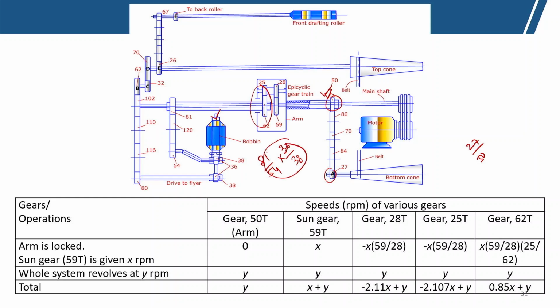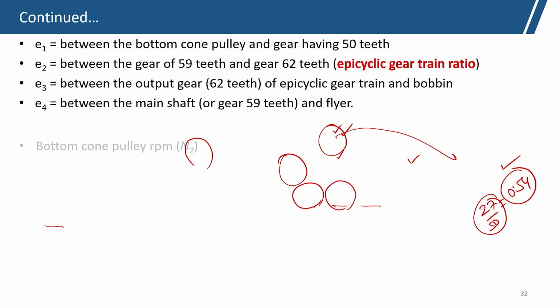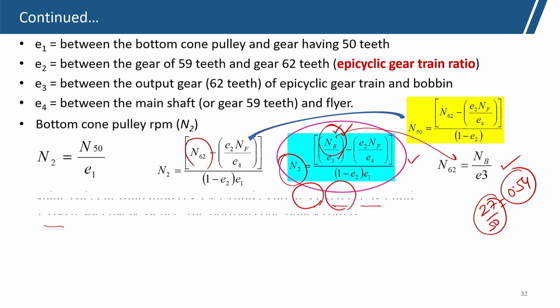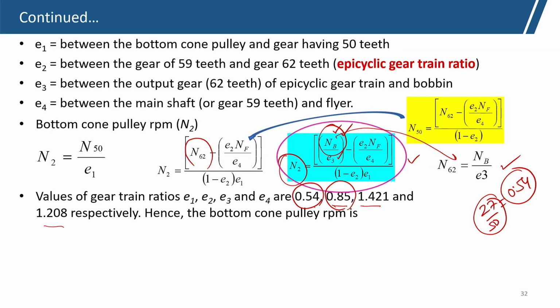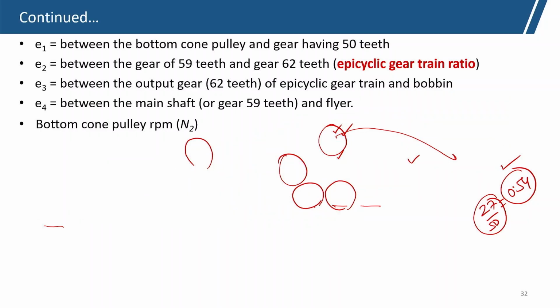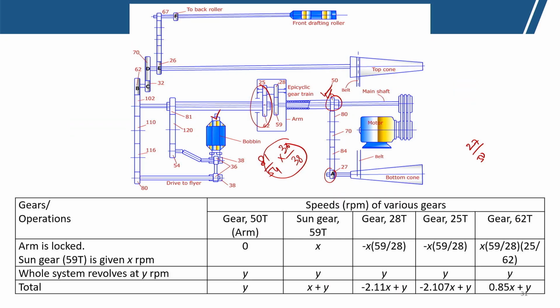So, in this way we can calculate that value, it is 1.412, and that E4 is between the main shaft and the flat. So, from there we can calculate, I will go back, 102 by 80, similarly 36 by 38.